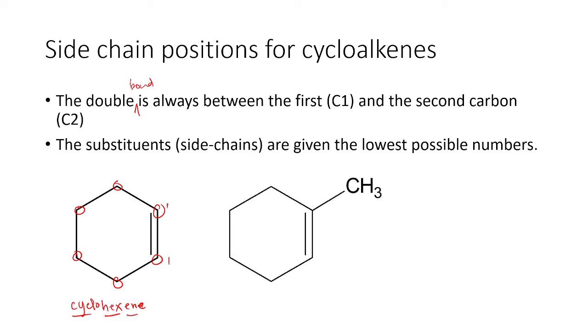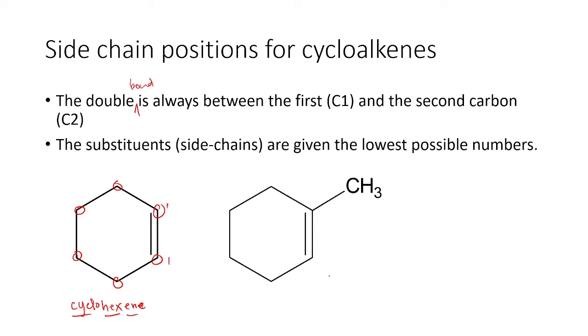So when it comes to this structural formula, we have here a double bond and a methyl group that is attached to our cyclic compound. So we have here a double bond, meaning this is an alkene, or to be specific, a cycloalkene. So in that, as the definition says, we will be giving the lowest possible number for the substituent.